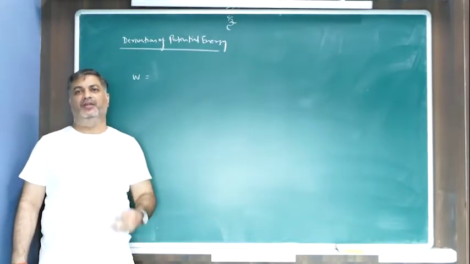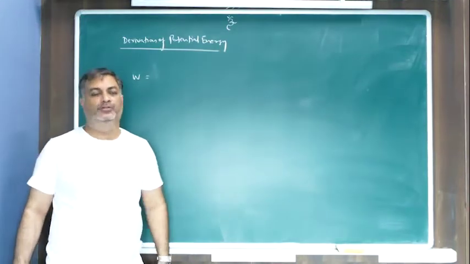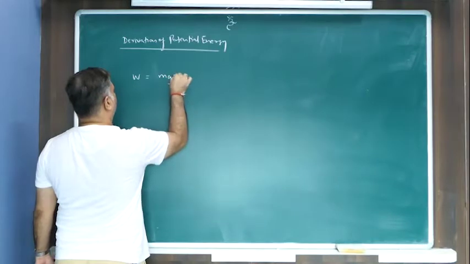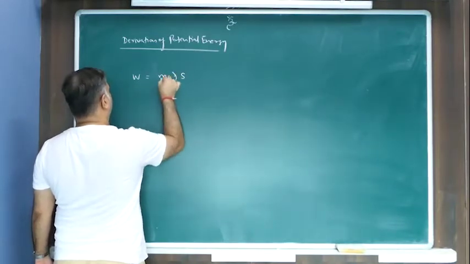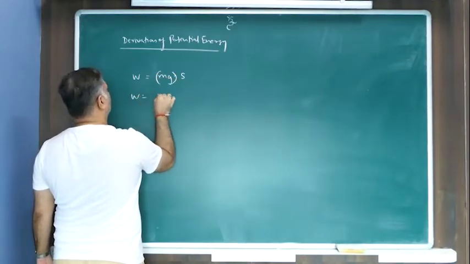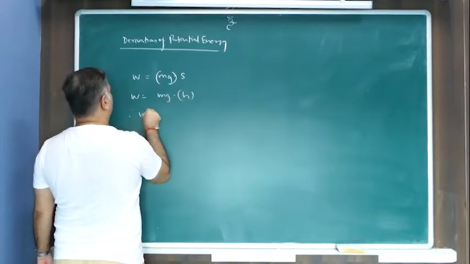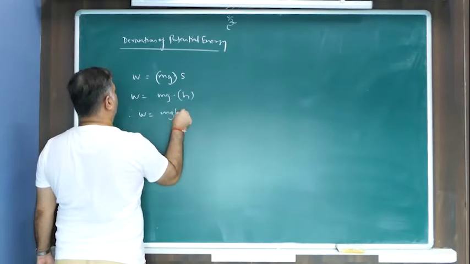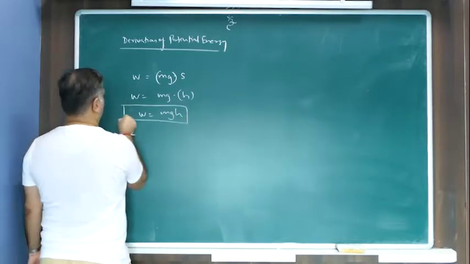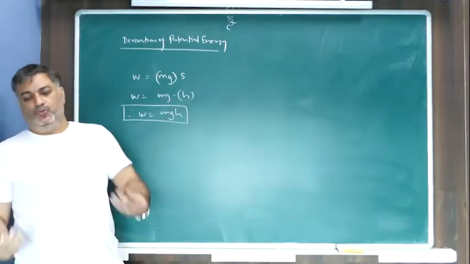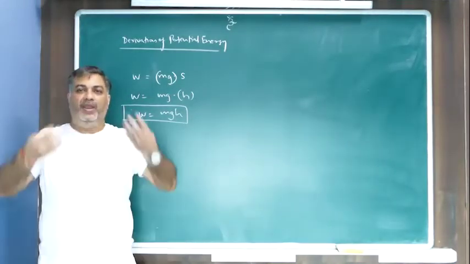Supposing I am standing at a height h, then I will say it is mg into displacement. So W is equal to mg into height. So W is equal to mgh.